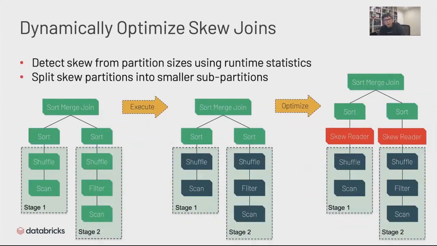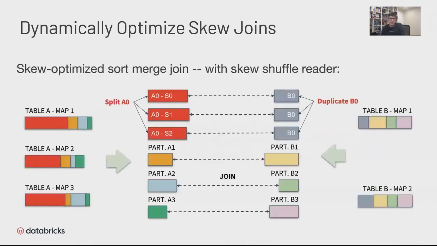AQE can handle it. After executing the leaf stage 1 and stage 2, we can optimize the query with a skew shuffle reader. Basically, it will split the skew partitions into smaller sub-partitions. So this is the idea to solve the previous data skew example.